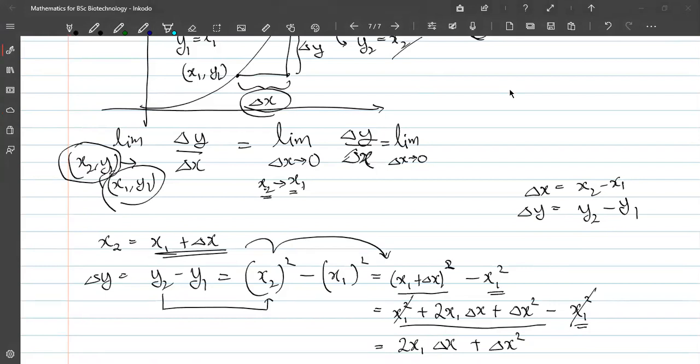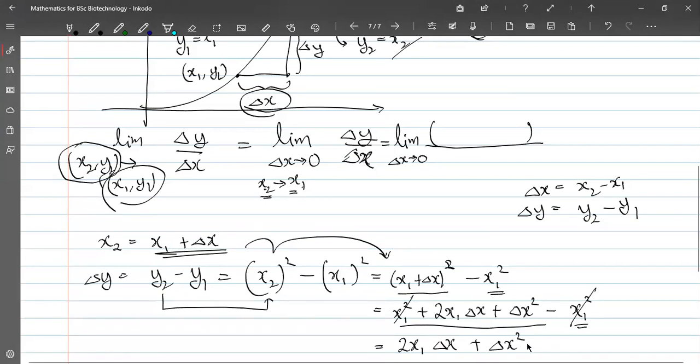Now, as you can see, this numerator is what we have evaluated here just now. So that is 2x1 times delta x plus delta x square, divided by the denominator, which is just delta x.